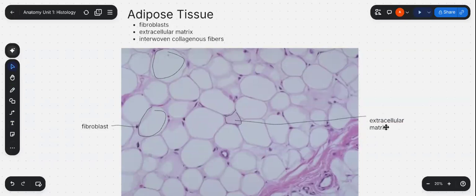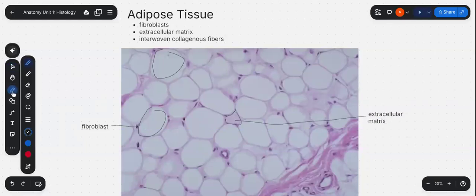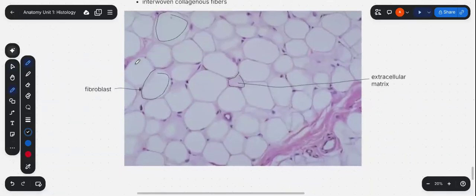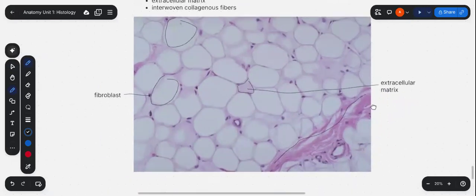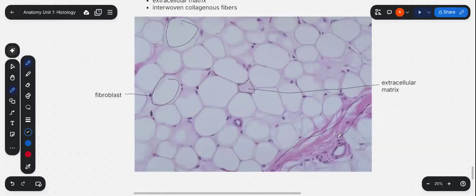All right. Very last thing, interwoven collagen fibers, aka just collagen fibers. Basically, in between your fat cells, you're going to have little thin strips of collagen. Here's a really great place where you can see that over here. You can see this like pink layer over here that is very clearly not adipose tissue.